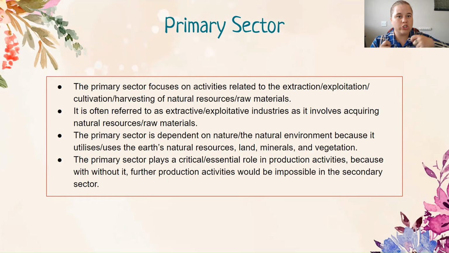So we are going to shear the sheep of their wool, spin it into thread or spin it into wool, and then that can be woven and knitted to make clothing. So this is where we're looking at the primary sector. Very, very important, a note that you can make there is that it's raw materials. It comes from the earth. And then when we move on to the secondary sector, we are changing that into a useful product, but we're going to get there now.